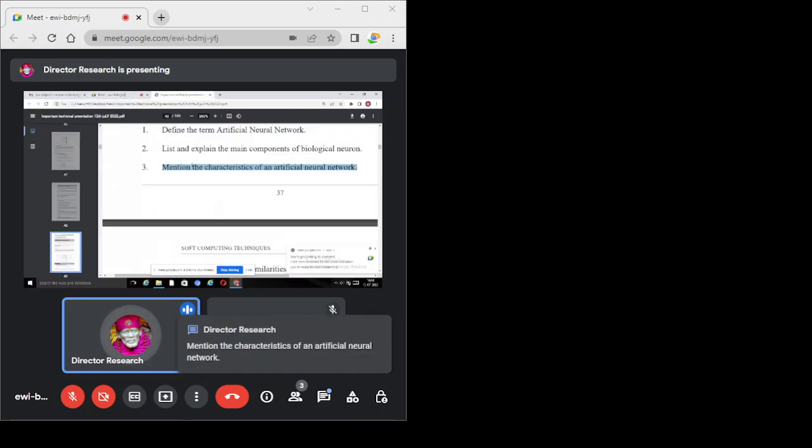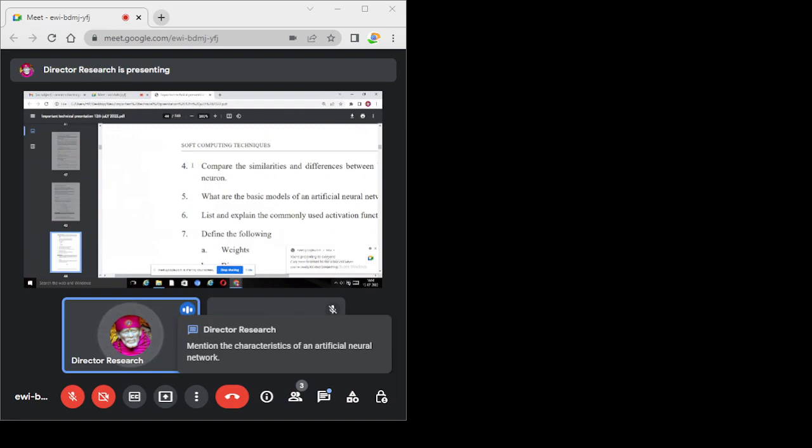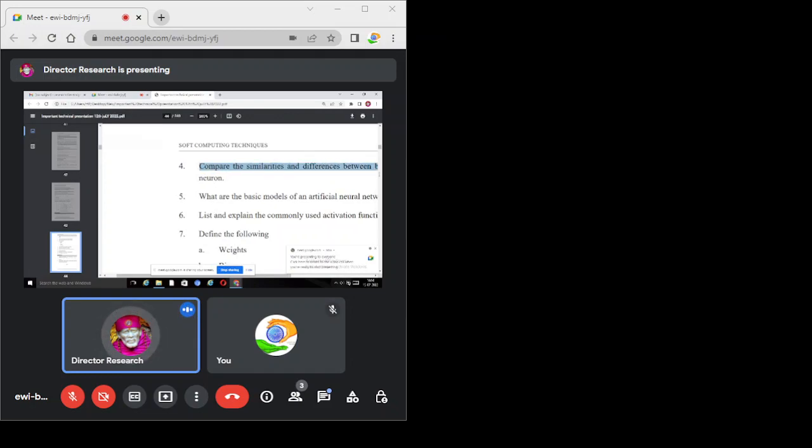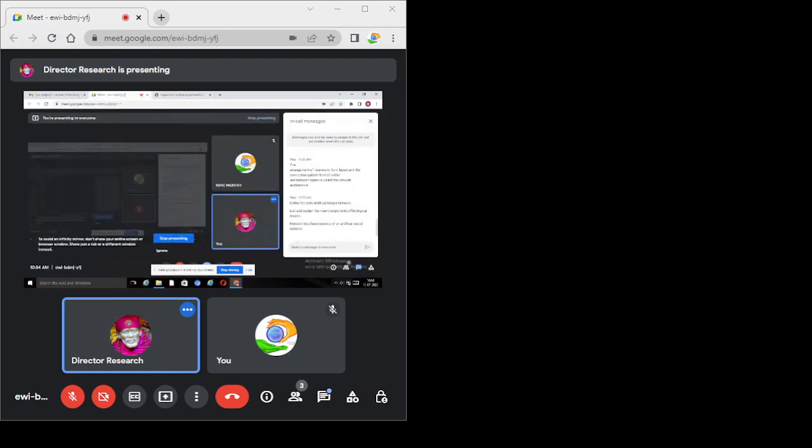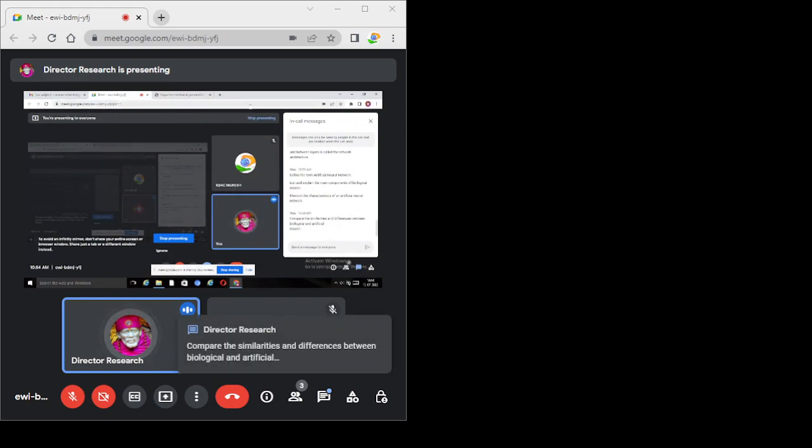If you understand, my presentation is definitely different from others, because I am in association with scientists and industry people. That's the reason I have given all the sequence in a clearer manner. If you see these questions, you understand my sequence of presentation. Comparison between biological and artificial neurons: similarities and differences.